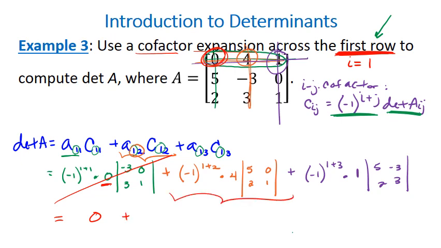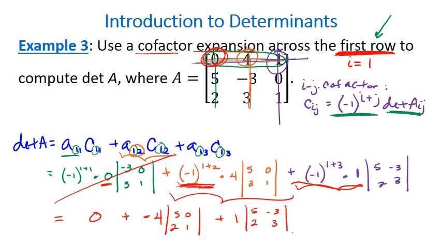Now this here, -1 to a power of 3, this results in a negative. So this is a -4 times this determinant, whatever that may be, plus this results in a +1 times the determinant of this matrix, whatever that may be.